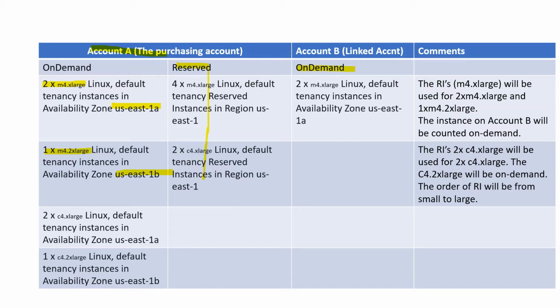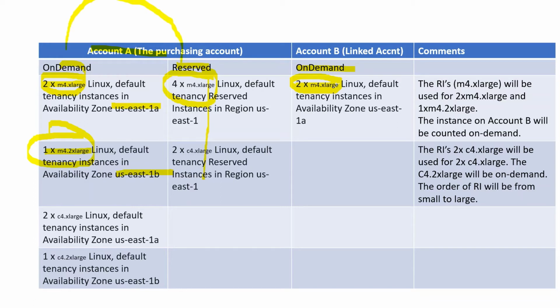On account B, again, we have 2 m4.xlarge, and here also 1 m4.2xlarge. What we have reserved is 4 by m4.xlarge. The question here is, since there is an m4.xlarge here as well as here, where will it be applied first?